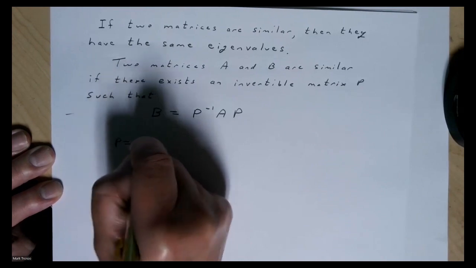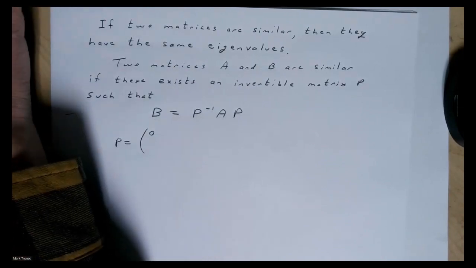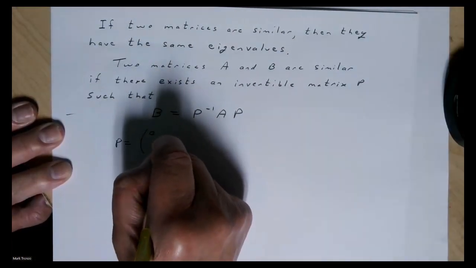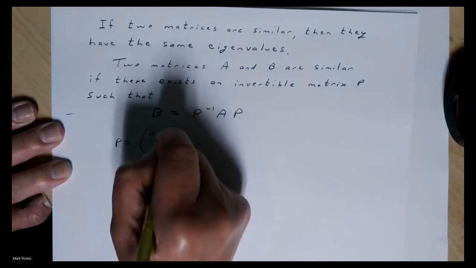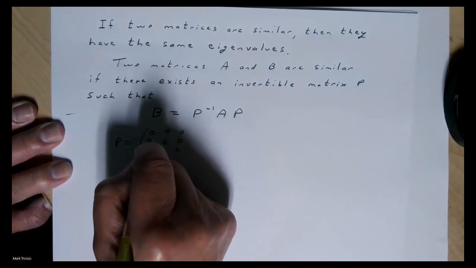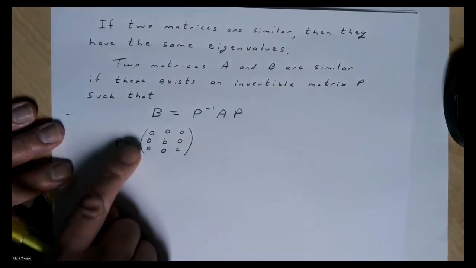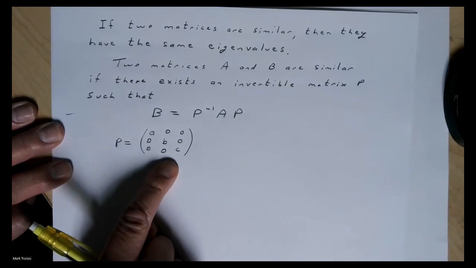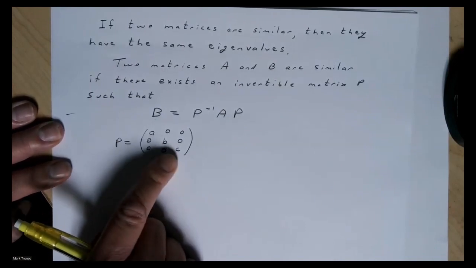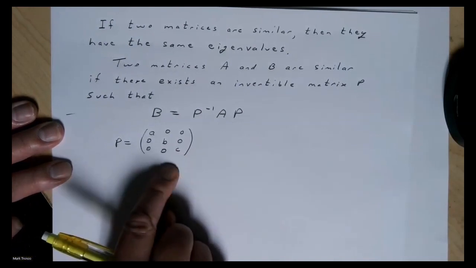Now, the simplest way to find a matrix P that'll do this is to use something of this form, this matrix, that's just a diagonal matrix with non-zero constants along the diagonal. Then, if you recall, it's easy to find the inverse of this matrix.